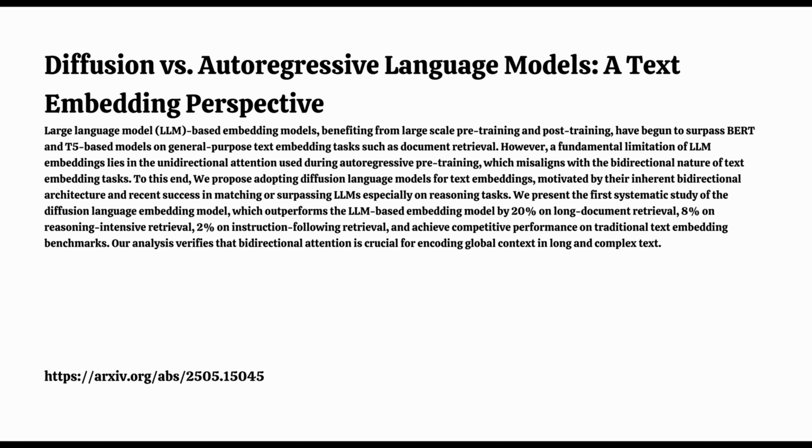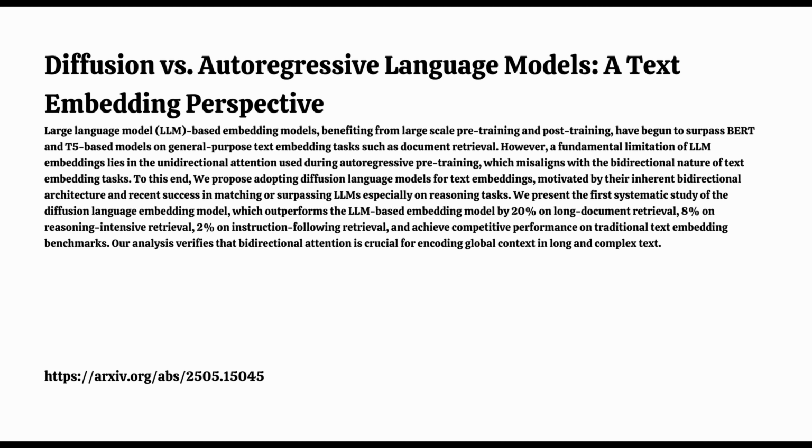Then it aggregates them, often just using a simple mean pooling, like an average, as shown conceptually in Figure 2, to get one single vector representing the whole text. So it's a fundamental difference in how the understanding is learned. LLMs use that causal next token prediction focus, while diffusion LMs use this denoising reconstruction objective, which naturally leads to embeddings that capture meaning bidirectionally.